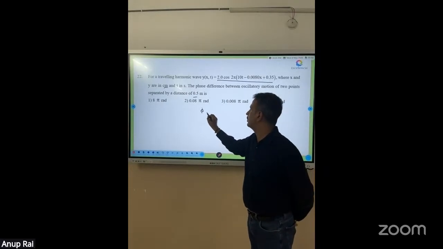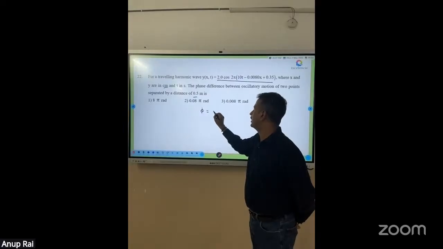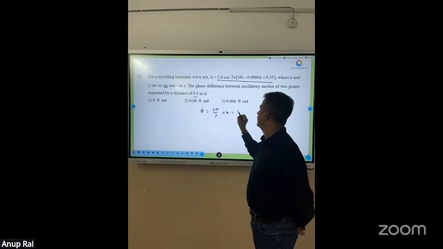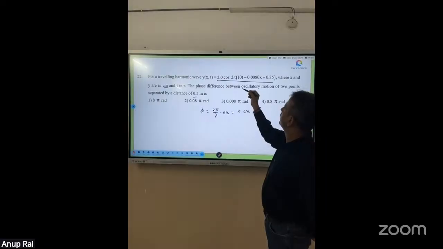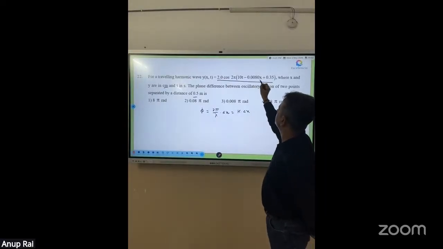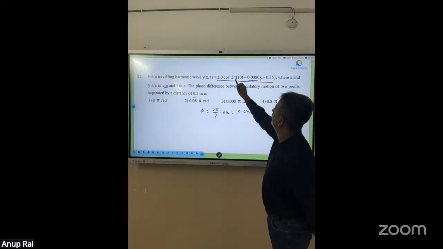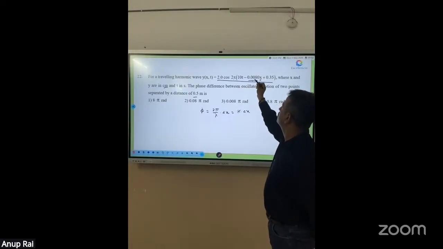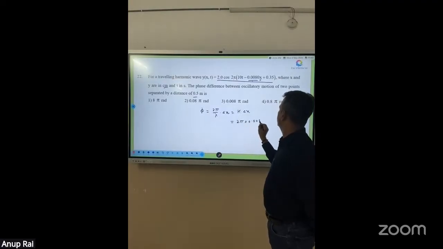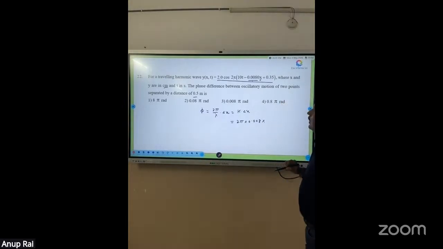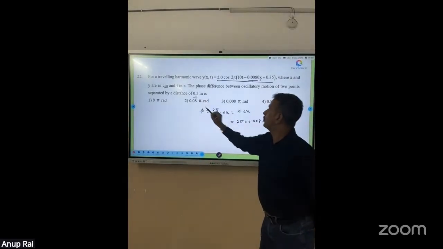Phase difference is equal to 2 pi by lambda into delta x, or you can also write k times delta x. From the wave equation, we can directly get the k value, the coefficient of x. So it is 2 pi into 0.008. And delta x is 0.5.